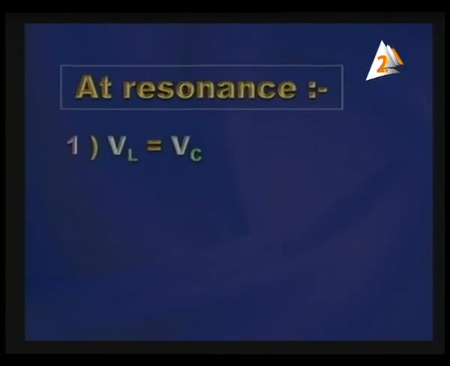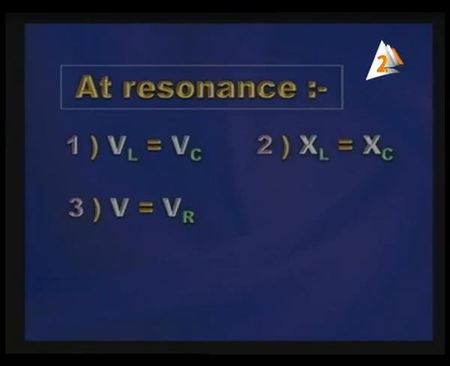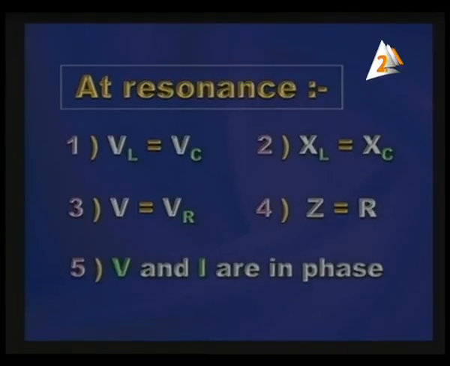At resonance, VL is equal to VC because XL is equal to XC. And as I said, the total voltage will be the voltage across the ohmic resistor. So V is equal to VR. Impedance is minimum, and it's just equal to R. And total voltage and current are in phase.